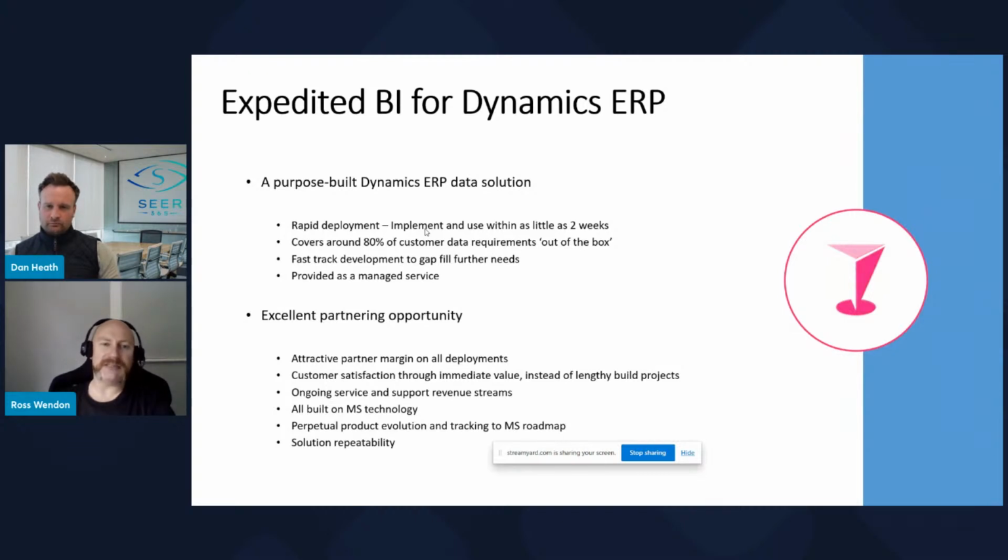Our core base model covers 80+% of the general data requirements a customer may have straight away. Pretty good, so you hit the ground running. Further filling any gaps can be done very quickly. The model is designed to be extendable, and you can bespoke it quite well without any complex development. Again, it's all Microsoft-based backend.